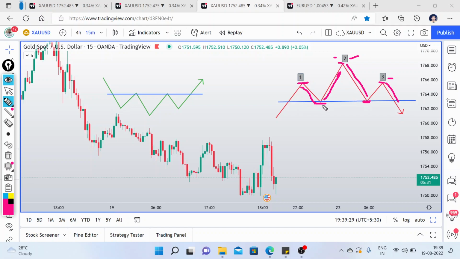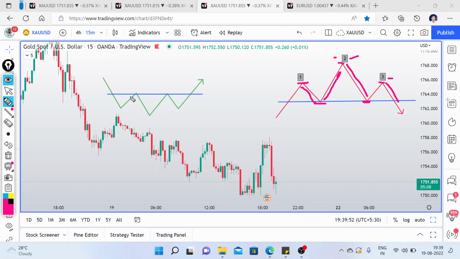Then it again tests the same level as this one, goes back, and finally breaks down the support. The inverse of this is the bullish head and shoulder pattern. This one is bearish and this one is bullish.